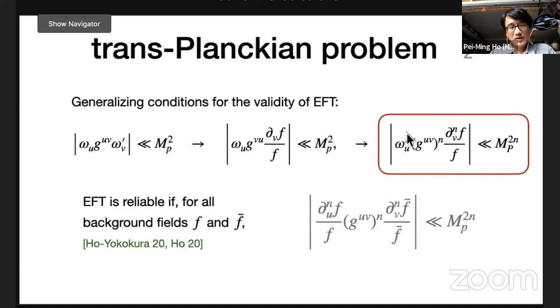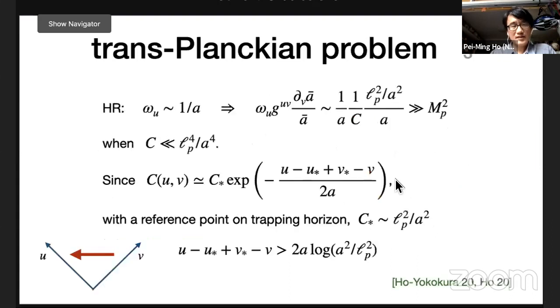In the following, we will especially pay attention to this particular combination. We can consider a background field as the function f here, and check whether the Hawking radiation of frequency omega u would give you such an invariant quantity that is too large.